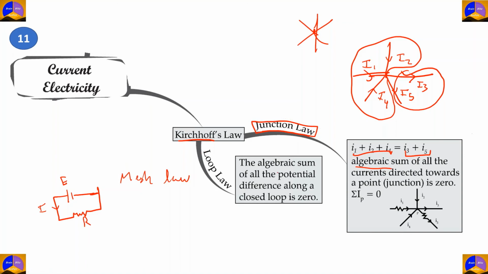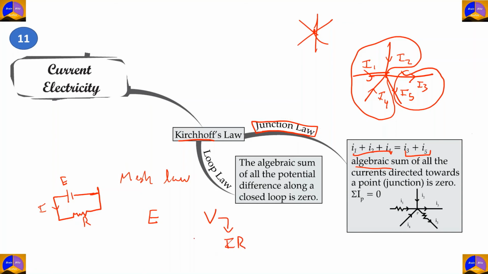So the mesh law states that the algebraic sum of all the potential difference across a closed loop is 0. There are two types of potential differences here. One is the EMF E, and the other is V, which is calculated as IR.